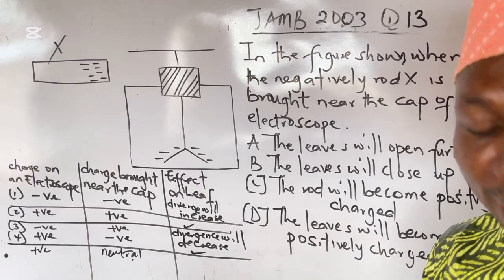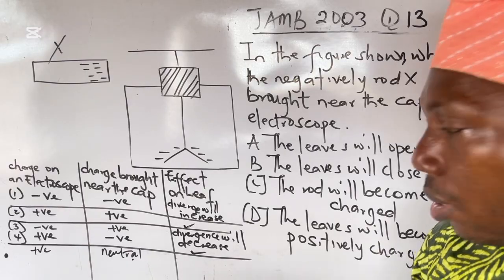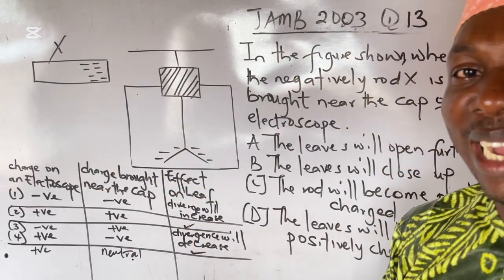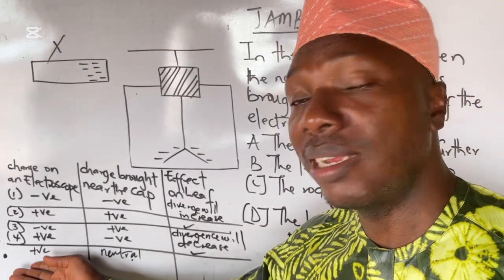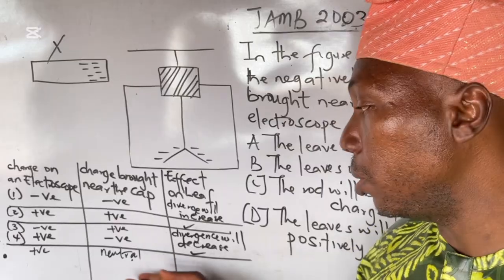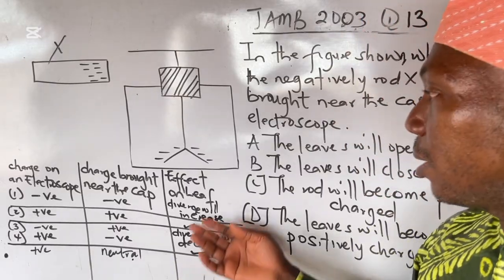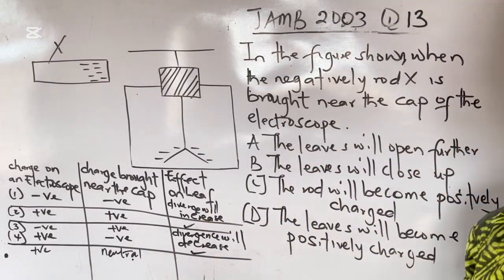I want you to do that in the comment section. What will happen when a neutral body is brought near a positively charged electroscope? What will be the effect on the leaf? But let's answer this question.